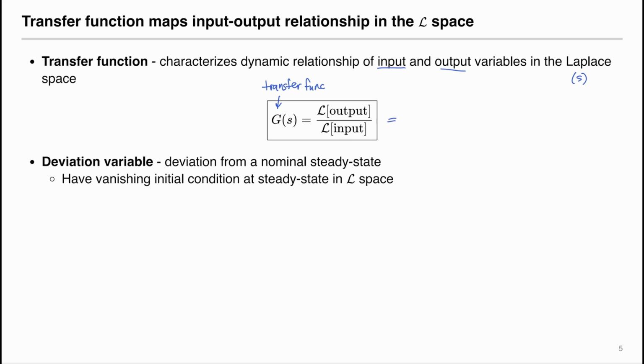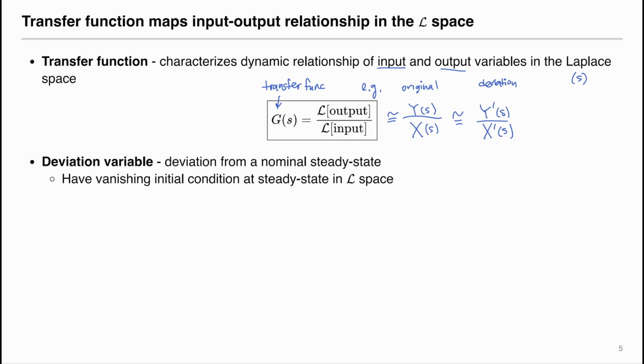So in the original variables, we have big Y of s is the output, big X of s is the input. This is original coordinates. And they are not equal to each other, but conceptually, in the deviation space, we have y prime of s divided by x prime of s. These are all transfer functions. These are examples.